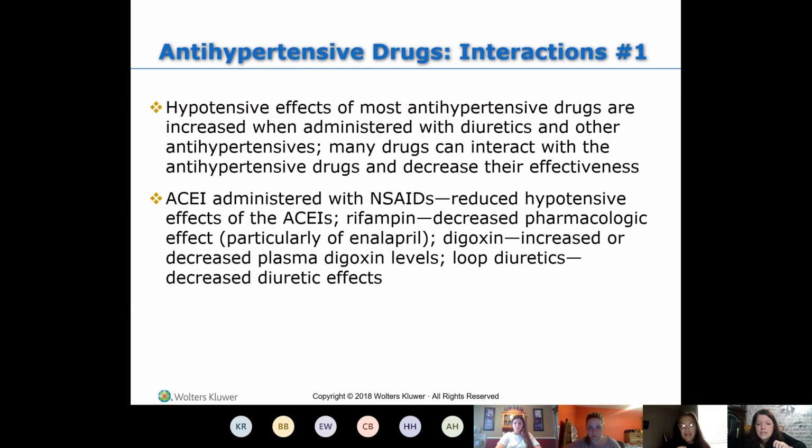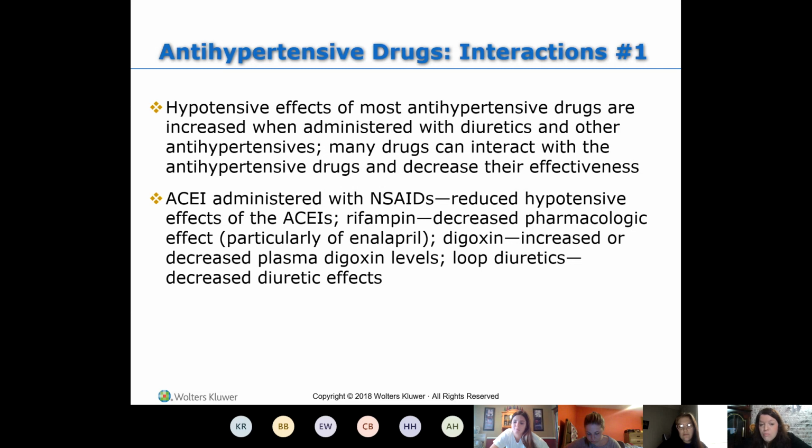Oh, okay. Yeah. So hypotensive effects, we want it to lower your blood pressure. We want to have a hypotensive effect. But we don't want you to be like super, super hypotensive. We don't want you to be like 80/40. So it's just saying the hypotensive effects of most antihypertensive drugs.